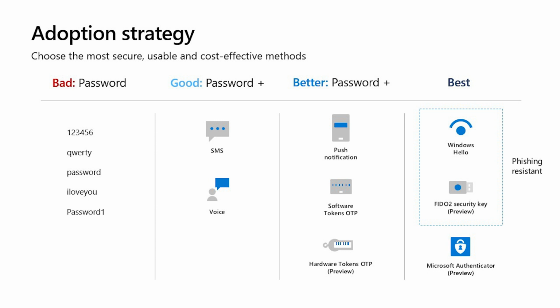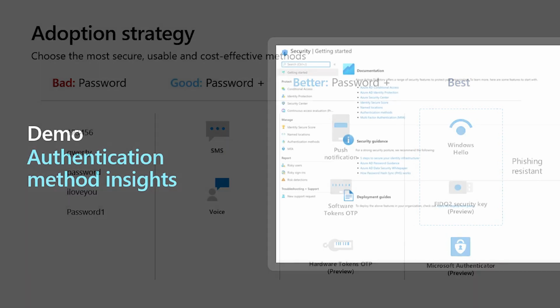Microsoft Authenticator app provides a better experience where the user can simply approve a notification or use a one-time passcode to verify their identity. While augmenting the passwords can strengthen your credentials, the best way to go is to eliminate passwords completely in your environment.